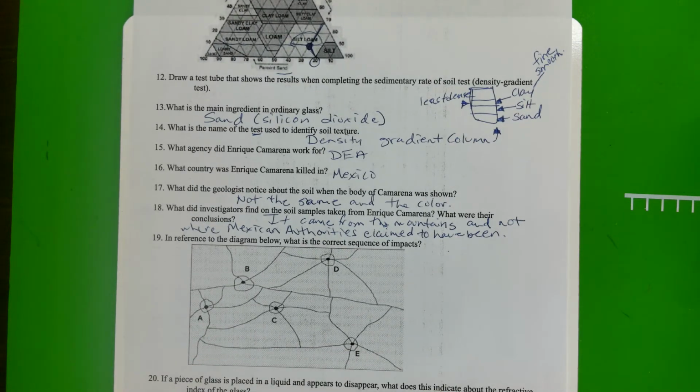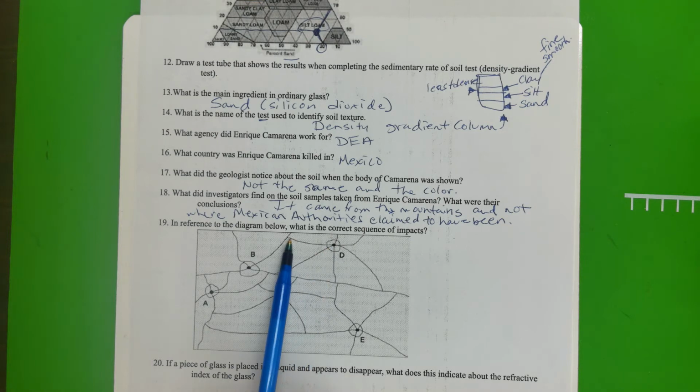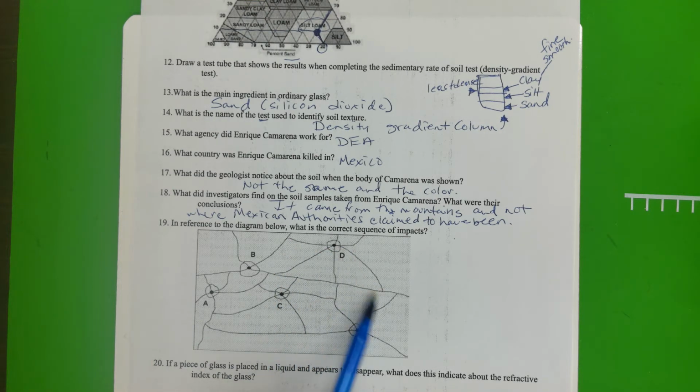Okay. So in reference to the diagram below, what is the correct sequence of impacts? So we need to see the ones that are very continuous. Like if you see this one, D, you see how it terminates on those radial lines. That means it occurred after wherever that radial line came from.